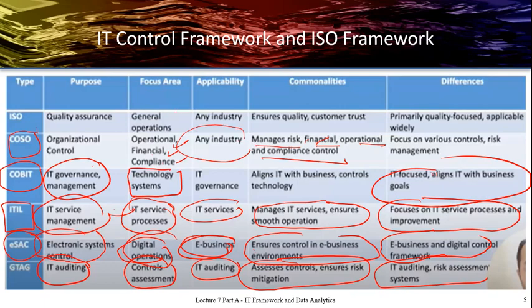If you want documentation and general operations, you go to ISO 9000. COBIT is for IT governance management, aligning IT with business and controlling technology. It looks at how IT is aligned with the business. The IT focus is to align IT with business goals. That's the whole objective of COBIT.